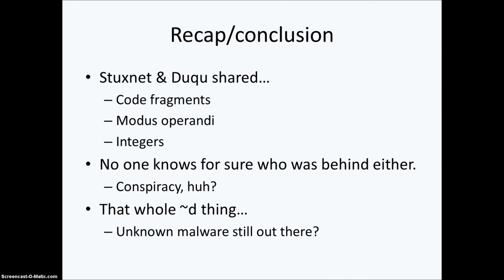So a lot of people are like, oh boy, conspiracy, because it had to have been a nation state who developed this malware, right? It's too big, too complex, and would have taken too much time and too many resources for it not to have been a nation state. And what's kind of scary too is the whole ~D platform, right? There could be malware floating around out there right now that we just don't even know about.